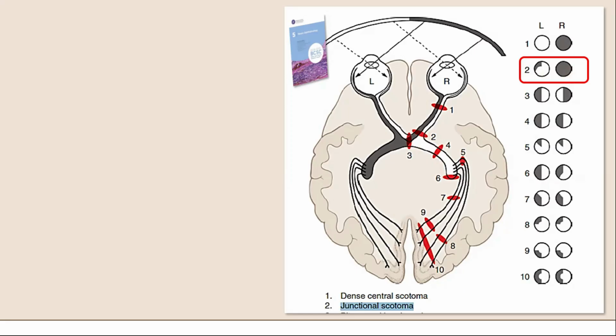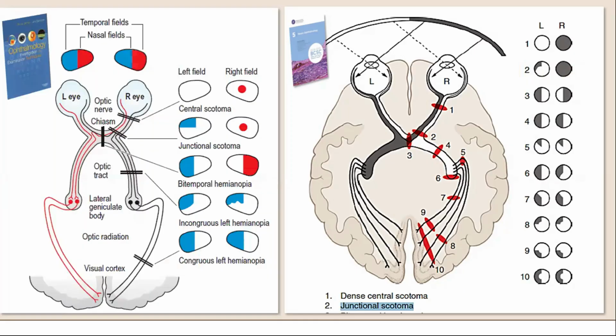But in this diagram, at the second position here, the insult to the right optic nerve is depicted only by drawing a central scotoma. Another difference between the two diagrams is that this only shows the central field, but this is like mapping of the entire visual field. The same applies for the first case at number 1.